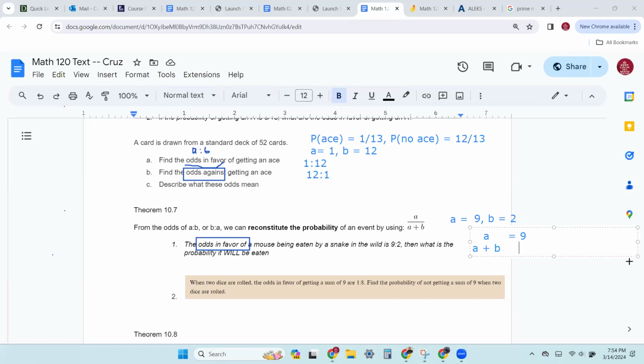And then the A plus B is 9 plus 2. So 9 over 11. That's our probability of success, the probability that the mouse is eaten. 9/11. So we're going backwards now.